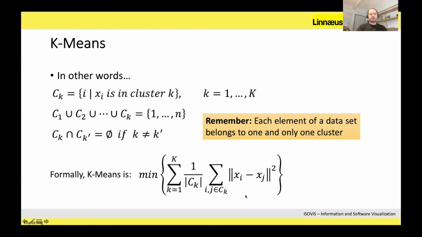This cost function basically says that the intra-cluster distances, the norm of x_i minus x_j squared, the sum of these internal norms between the points must be minimized, and then you sum the distances of all the clusters, and that should be minimal.